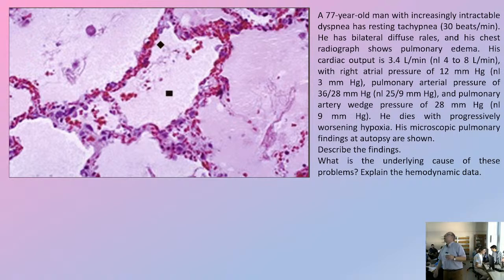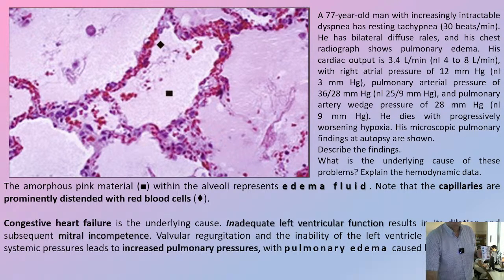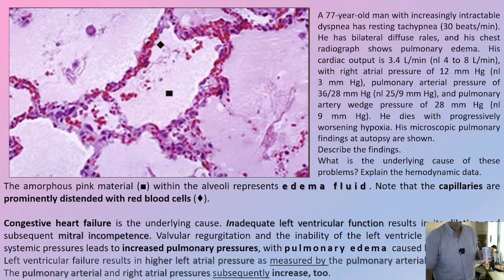Okay. So we found the underlying mechanism here. We've described this as congestive left heart failure, and we stressed the significance of the pulmonary arterial wedge pressure, which increases first.